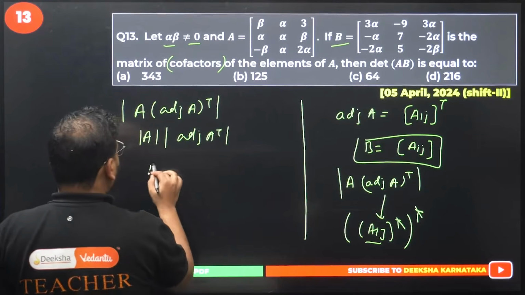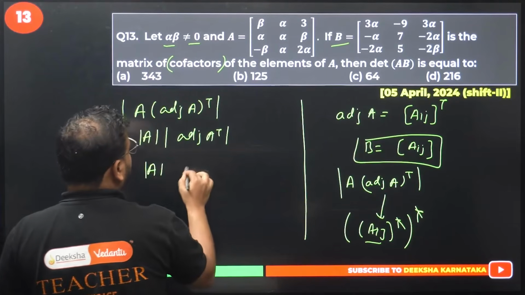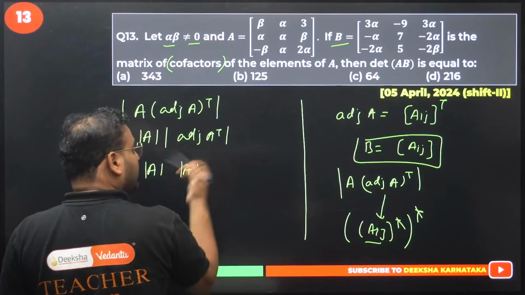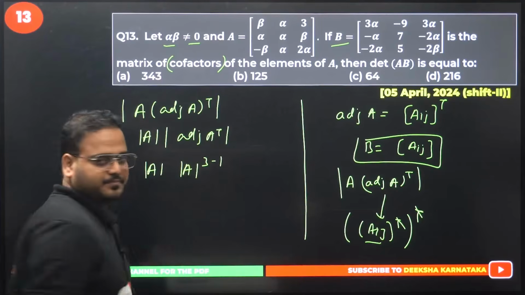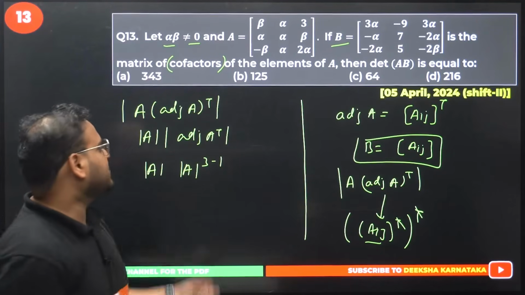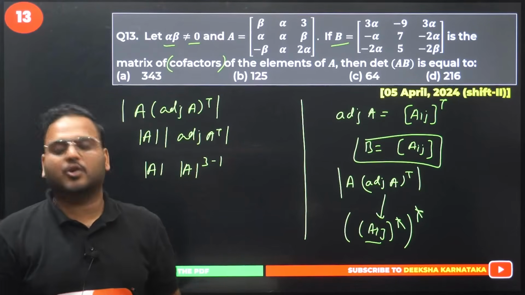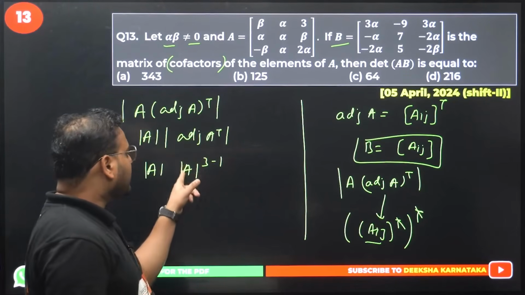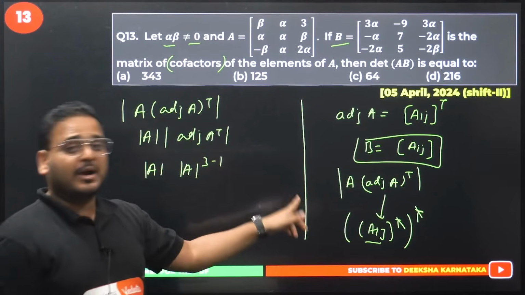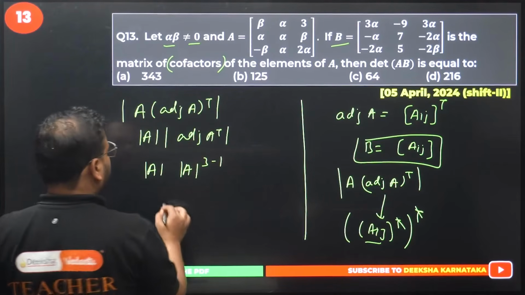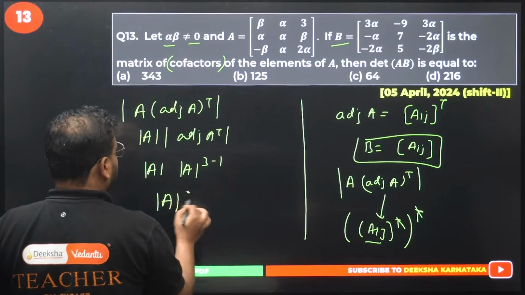So I have determinant of A to the power of 3 minus 1. In case of determinant, we don't worry about transpose or not. The adjoint property is determinant of adjoint A is determinant of A to the power n minus 1. It becomes 3 minus 1, hence my answer is A cube.